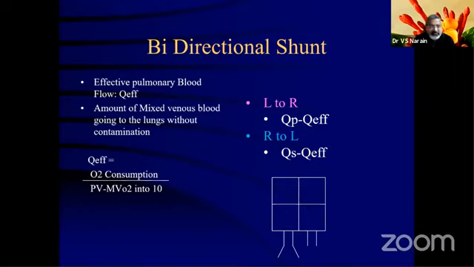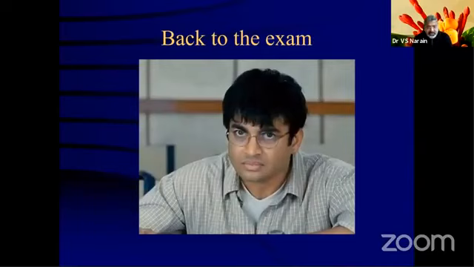It is the amount of mixed venous blood that goes to the lungs without any contamination, meaning it is already saturated. So this is how you calculate left to right and right to left shunt in a bidirectional situation, that is, in an admixture situation, especially in total anomalous pulmonary venous connection. So that much for the theoretical background.